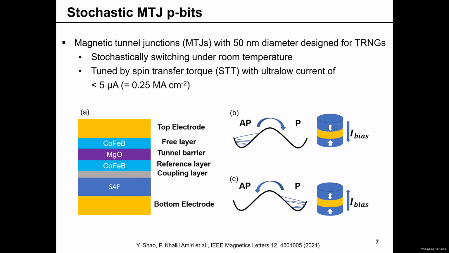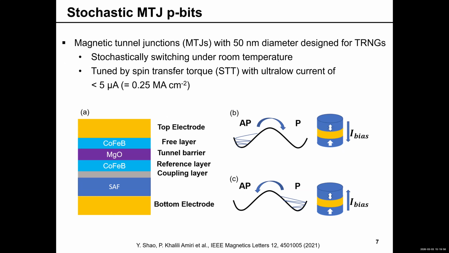And what that will do is that it will allow thermal energy from the environment to provide sufficient energy to the magnetization to overcome this barrier with a mean dwell time, a mean retention time that is tunable by the size of this energy barrier. So this device will essentially turn thermal noise from the environment into a random bit sequence.